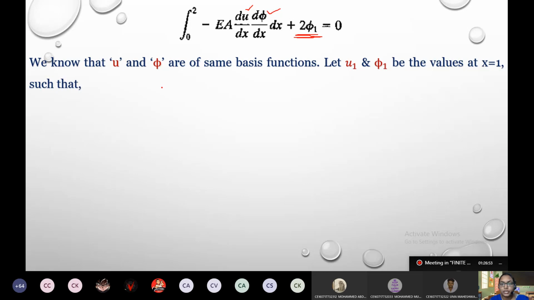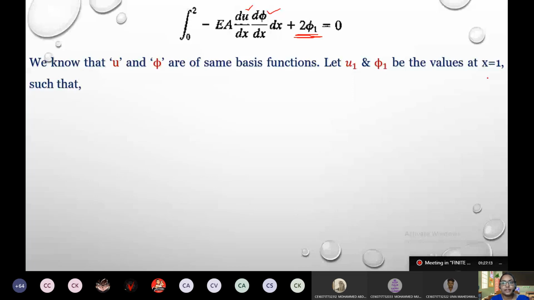Taking that into account, let u1 and phi 1 be the values at x is equal to 1, because I said that at 1 there is a possibility of displacement happening. Maybe tension or compression, but there is a displacement happening, not at the ends but at x is equal to 1.